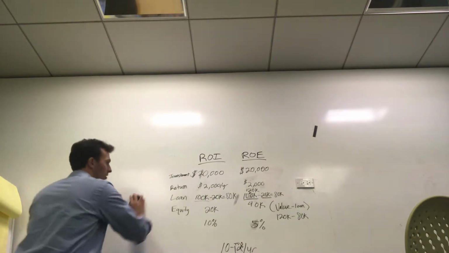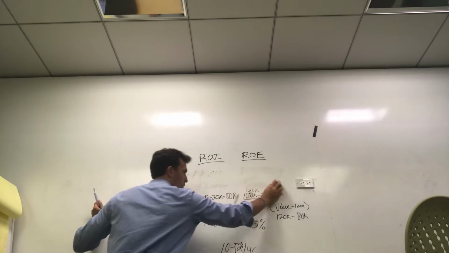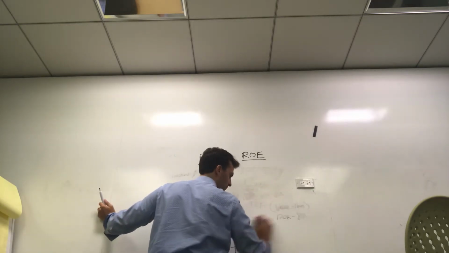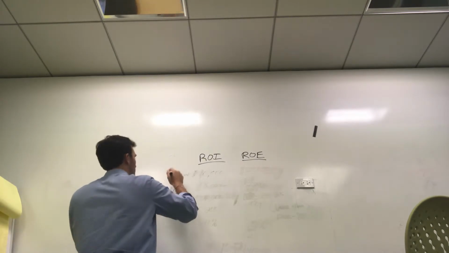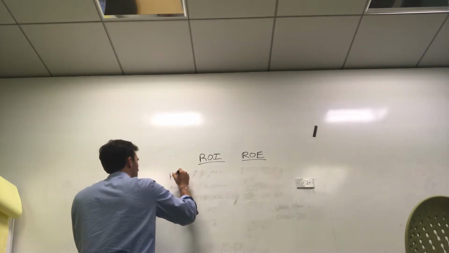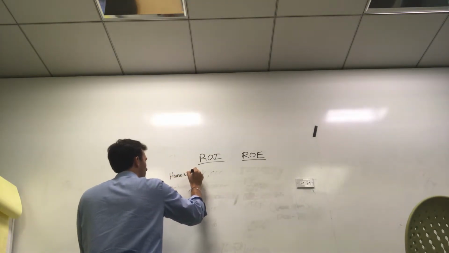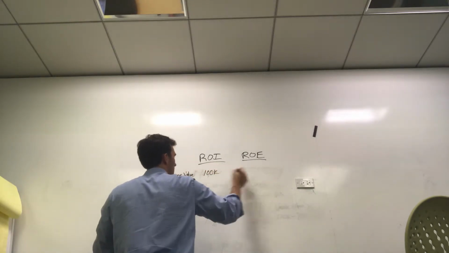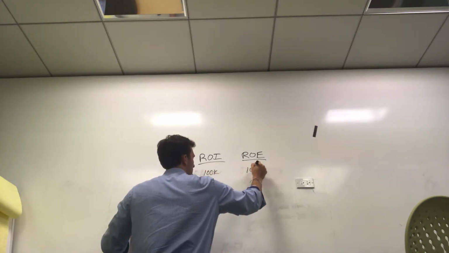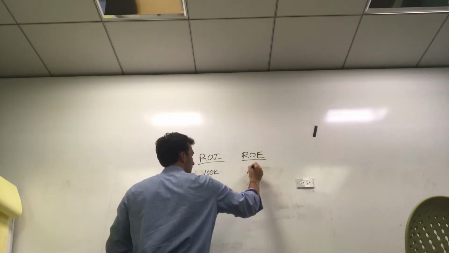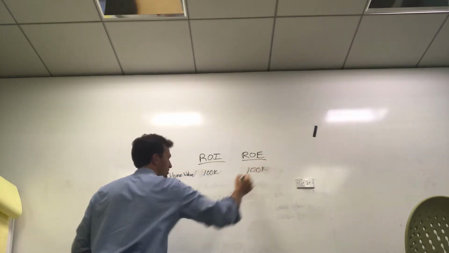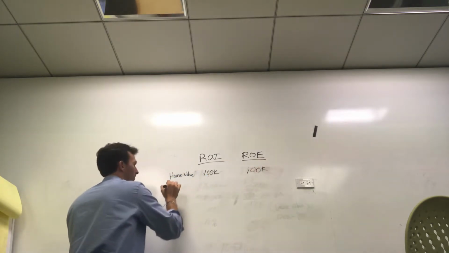So let me show you another example here. One more and I'll be done. So let's just say home value is 100,000. 100K. Now this should illustrate this pretty well.